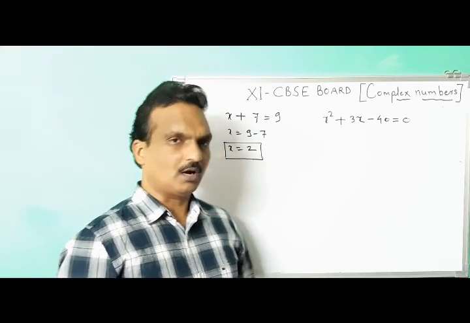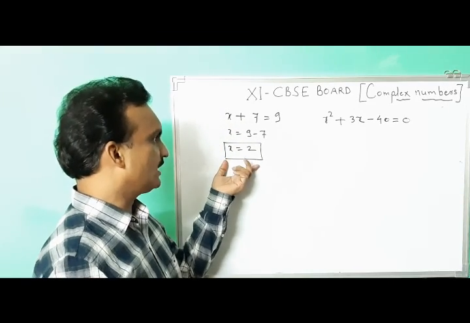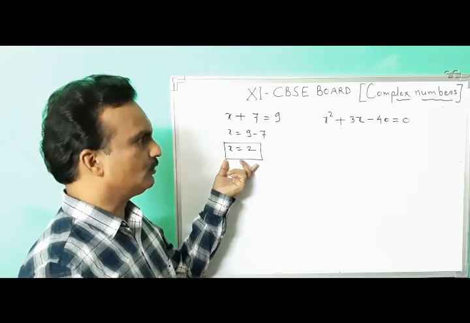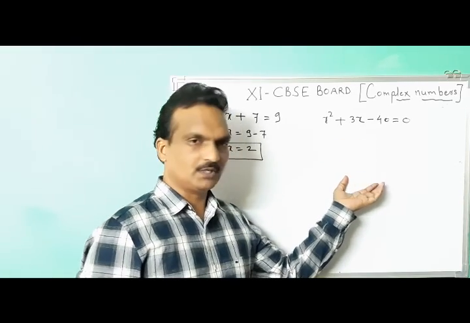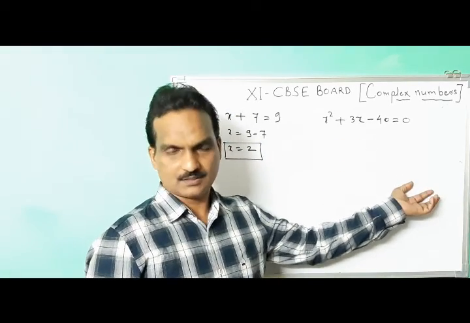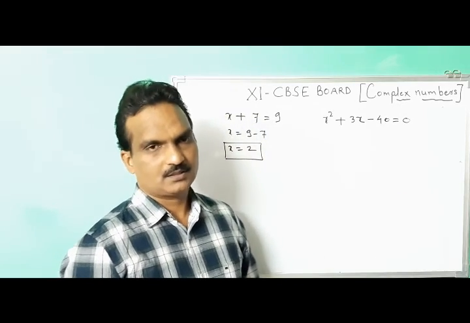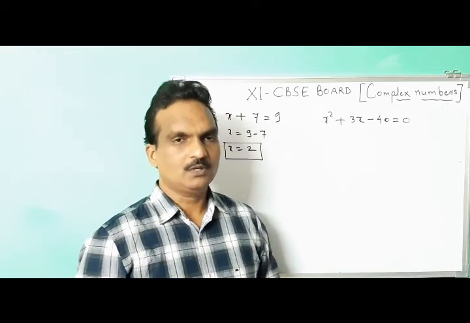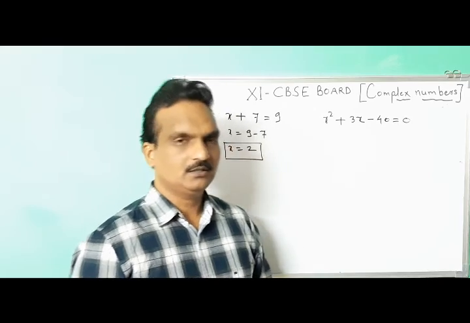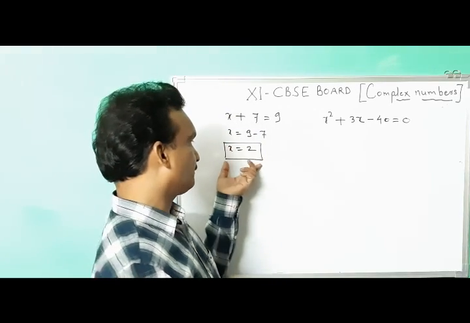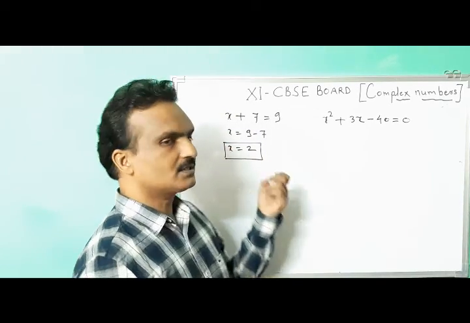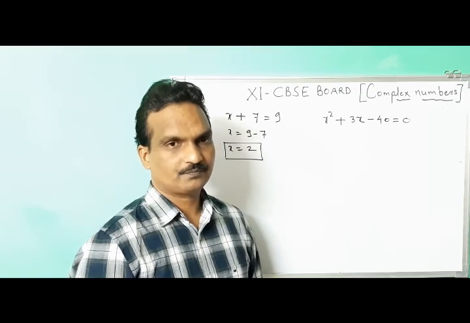The solution you got of these equations, x equal to 2, here also you will get something x equal to this or this, right? All these solutions are real numbers. Up to now you have studied the equations whose solutions are real numbers.